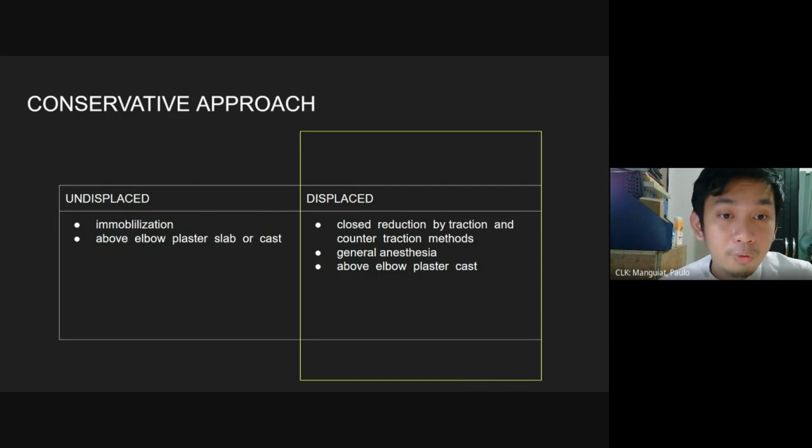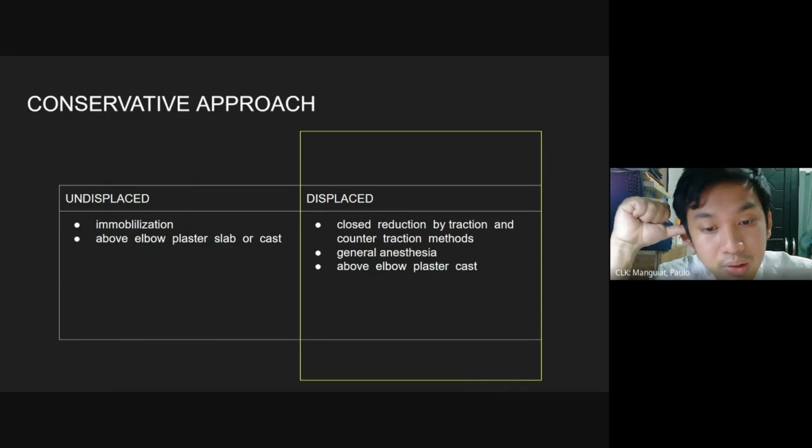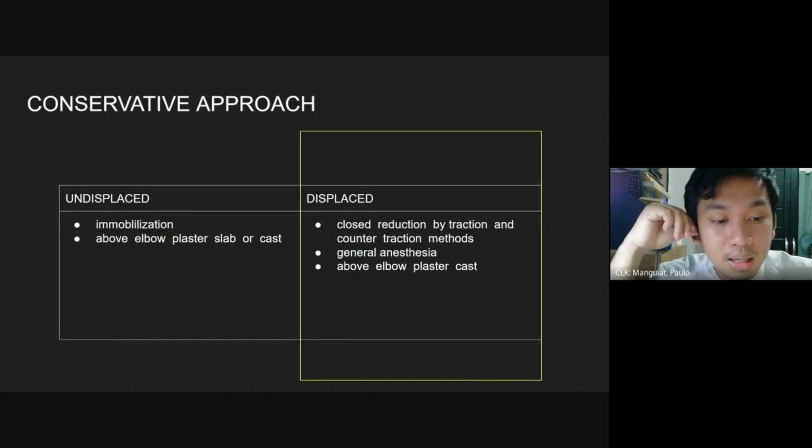We focus on the displaced one because our patient has a displaced fracture. The treatment for a displaced fracture consists of closed reduction by traction and countertraction methods under general anesthesia, followed by an above-elbow plaster cast.